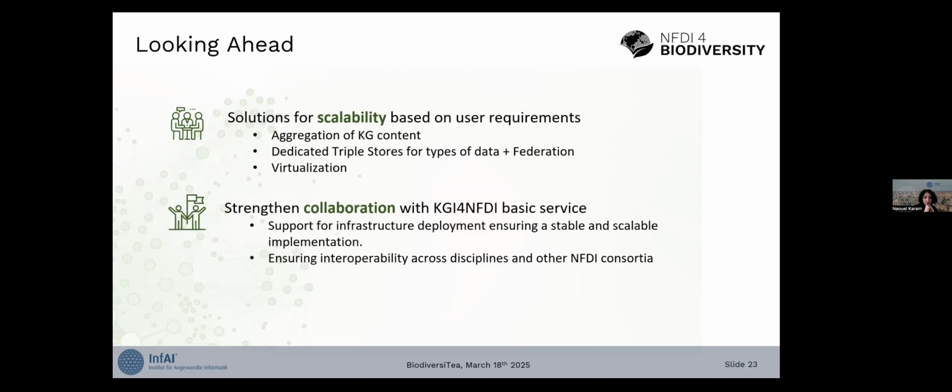We also plan to strengthen our collaboration with the Base Services Knowledge Graphs for NFDI, KGI for NFDI. So basically to support the infrastructure deployments, so we can ensure stable and scalable implementation. And we would also like to ensure interoperability across disciplines and other NFDI consortia.